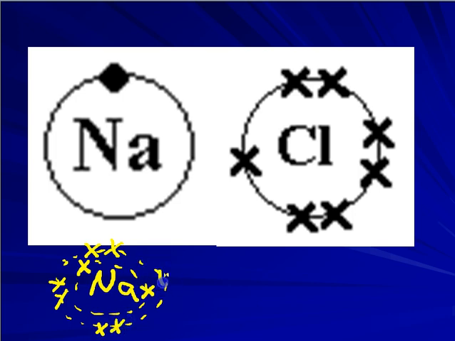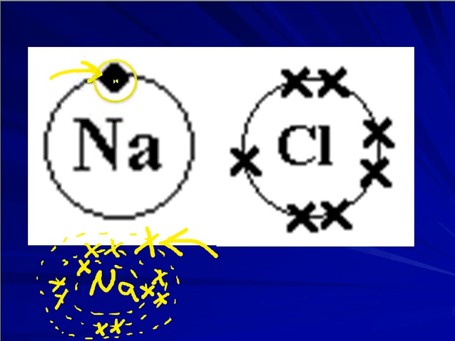Now, so far, if you've been counting the X's, there's actually 10 of them, but it's number 11. So if I draw on that last one here, that's because it's on the outer shell, that's your valence electron. So that's why sodium only has 1 electron in this ring.